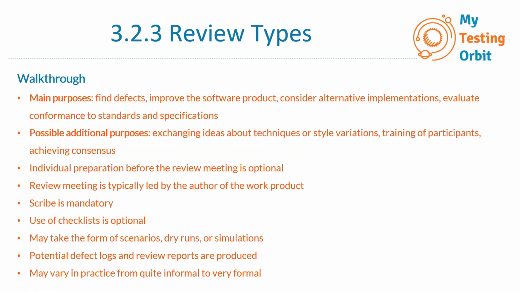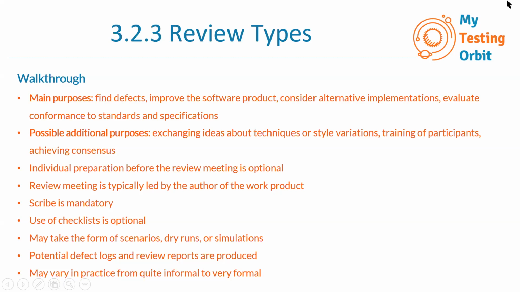The next one is walkthrough. The main purpose of walkthrough is to find defects, improve the software product, consider alternative implementations, and evaluate conformance to the standards and specifications. Whatever the work product is, just go through it, and if you find any defects, identify them.